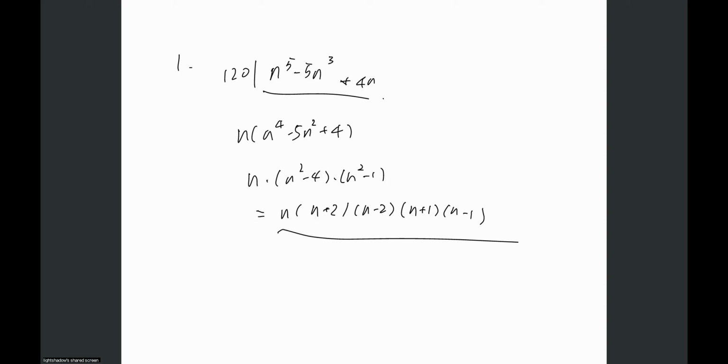I think, because 120 equals 5 factorial, it's quite obvious that there must exist factors of 5 factorial.